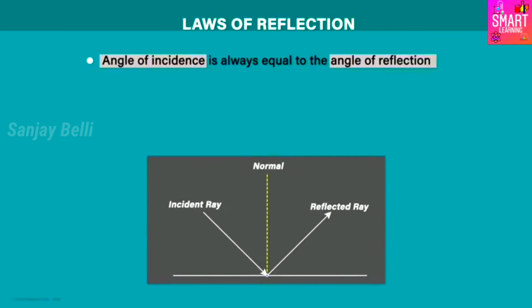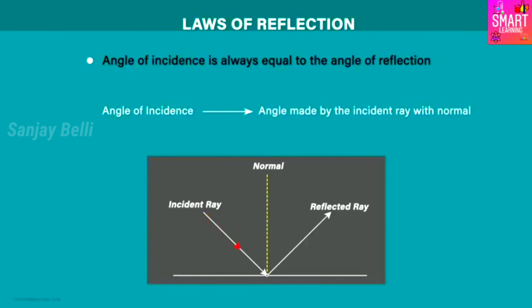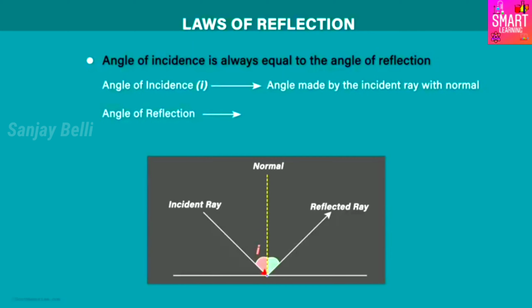The angle of incidence is the angle made by the incident ray with the normal. It is denoted by I. The angle of reflection is the angle made by the reflected ray with the normal. It is denoted by R.